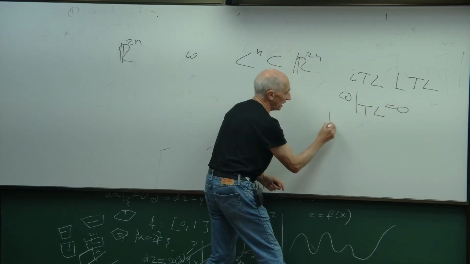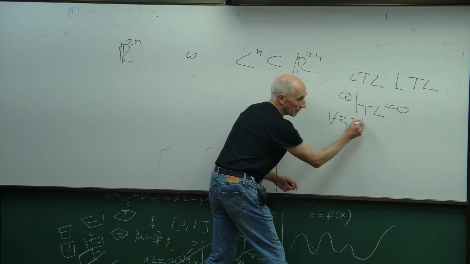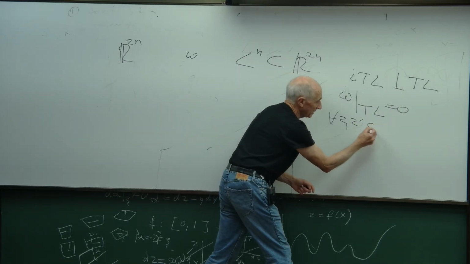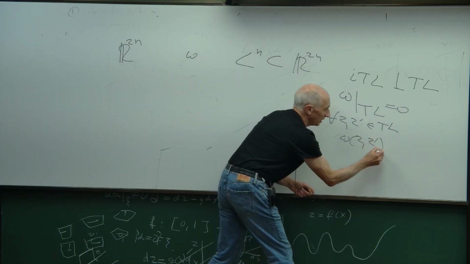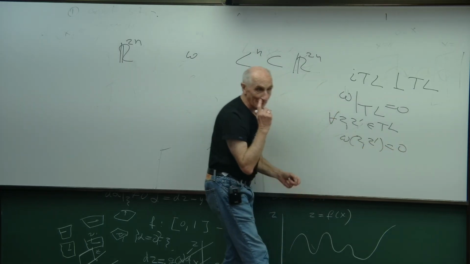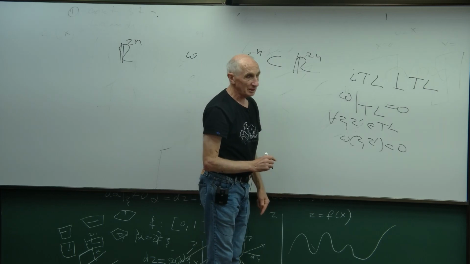That means for any two vectors z and z prime tangent to TL, omega of z, z prime is equal to 0.